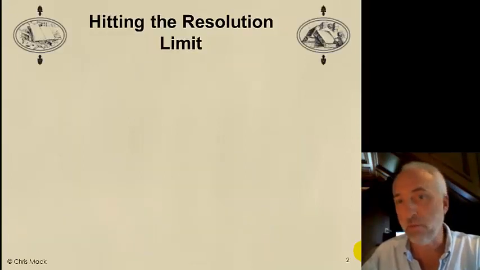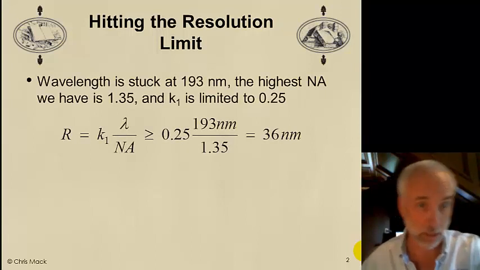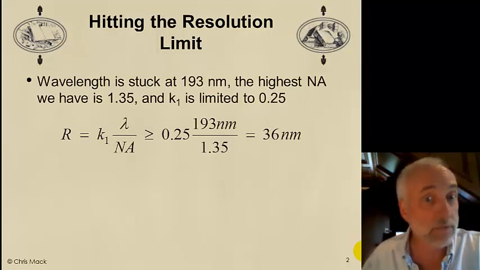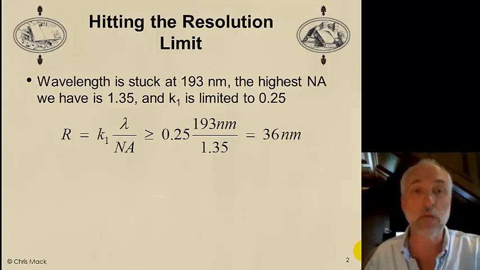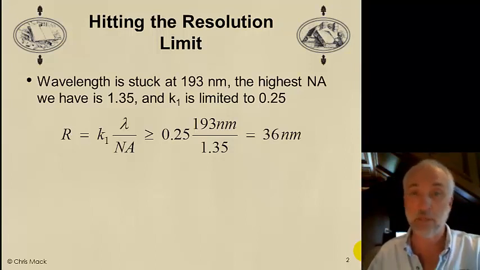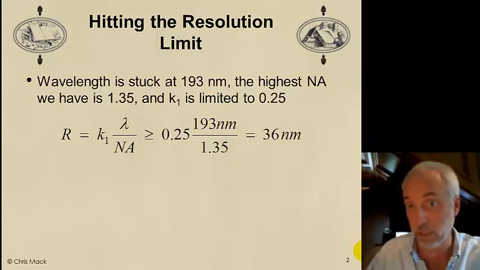As we saw before, there is a resolution limit, which for the case of the pitch is a hard limit. As of today, 2013, we are using a wavelength of 193 nanometers, and we do not have a lower wavelength option available commercially at the moment.